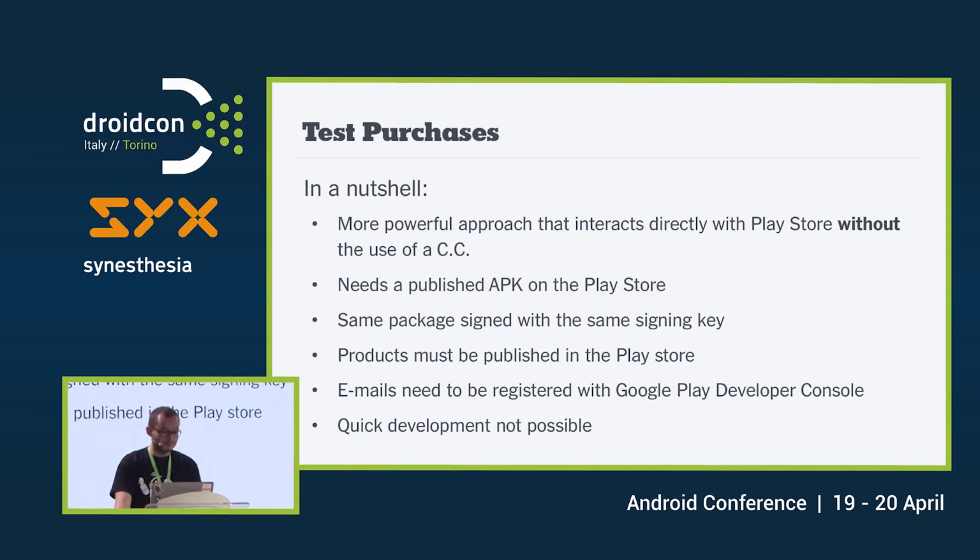Your products must be published in the Play Store, so you have to have products within there. Some fields will be locked when you create them, and they can't be unpublished, so that's a bummer. And purchases can only be done by testers whose Gmail accounts have been registered in the Google Play Dev console.